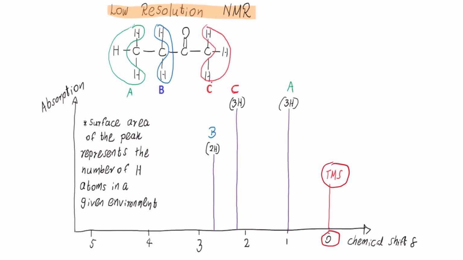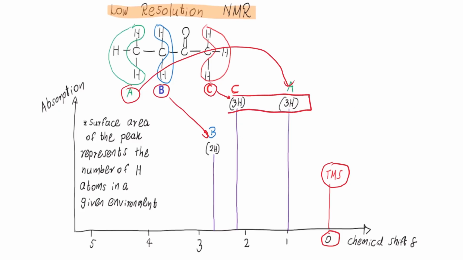And the height of the peak depends on how many hydrogens you have. So this is peak C, and it's here. This is peak B, here. This is peak A. You can see it here. Can you see that? The height ratio is: peak A and C have the same height. Why? Both of them have three hydrogens in their environment. Peak B, the height ratio between peak A and C to B is 3:2.